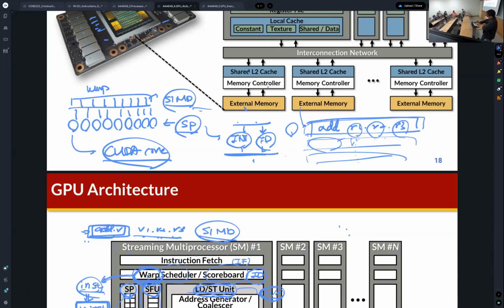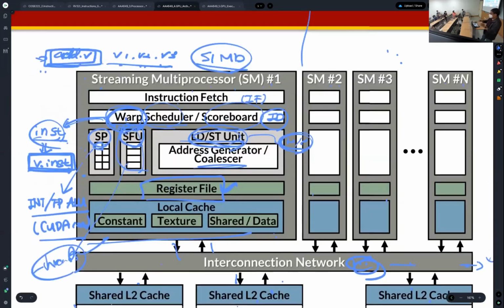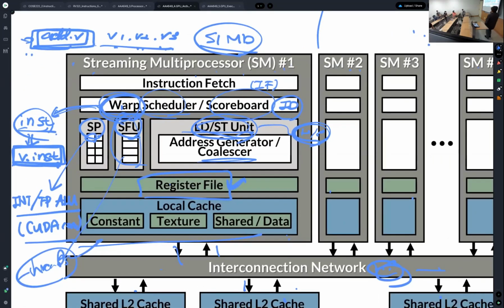So GPU requires a very large register file inside.